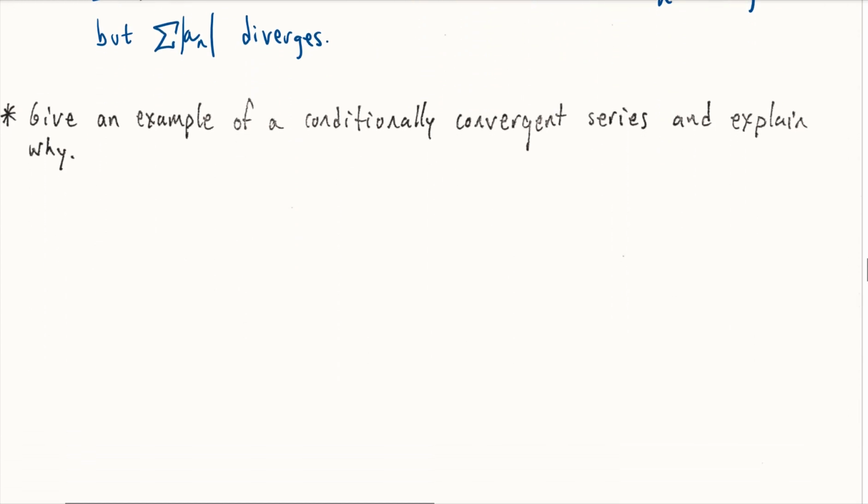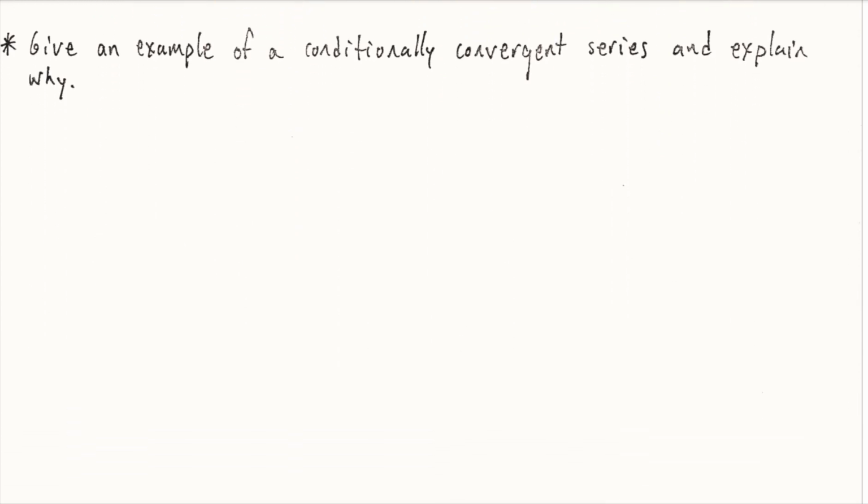We've seen some examples of these, so let's revisit some of the things we've done and see that we've actually seen this before. It says, give an example of a conditionally convergent series and explain. The classic example is the harmonic series.